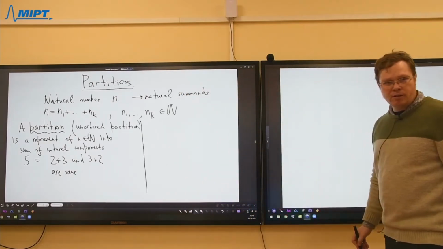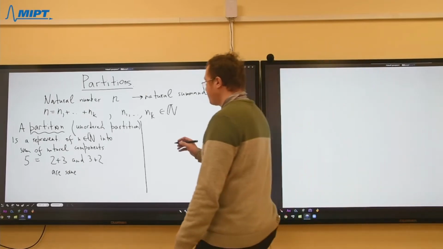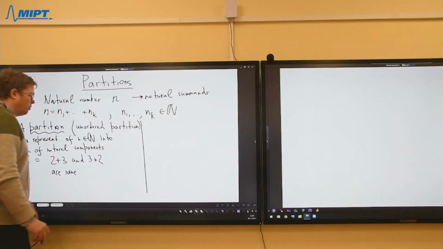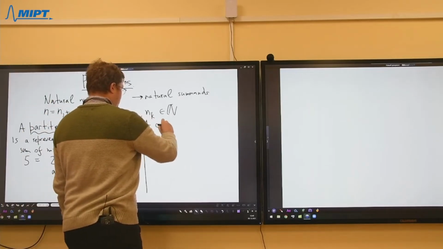The second possibility is when we care about the order. This is usually called an ordered partition, or composition.